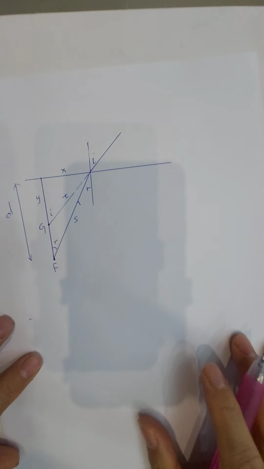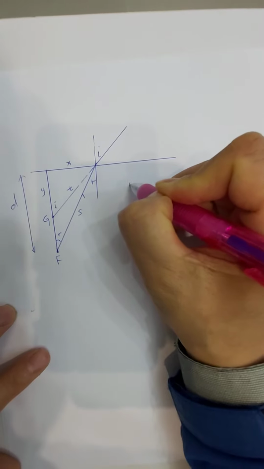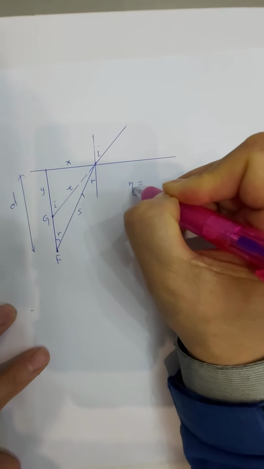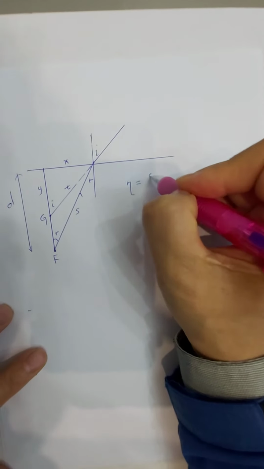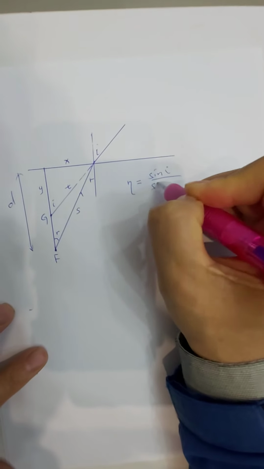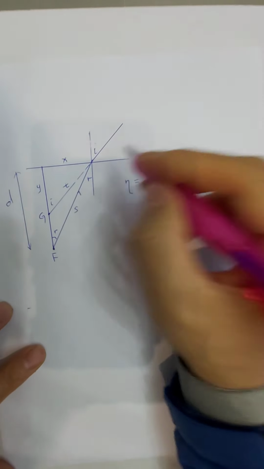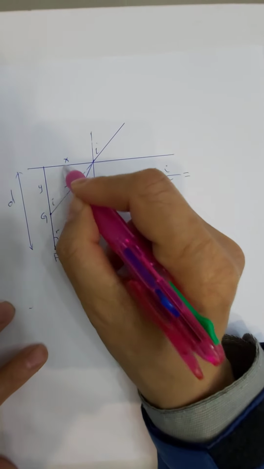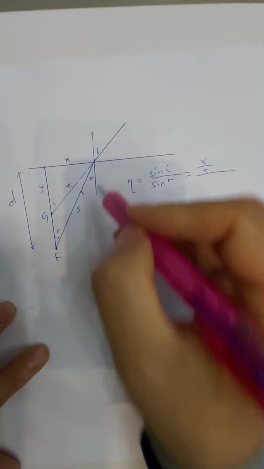Now we apply Snell's law. Snell's law tells us that the refractive index eta, or sometimes people say N, is equal to sine I over sine R. So what is sine I? I is this angle, so it is X over T. What is sine R?